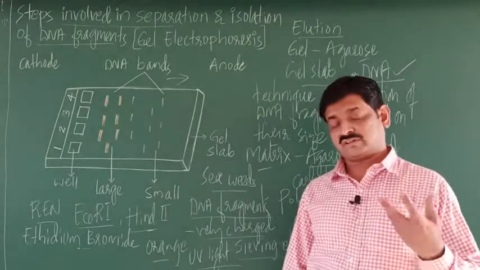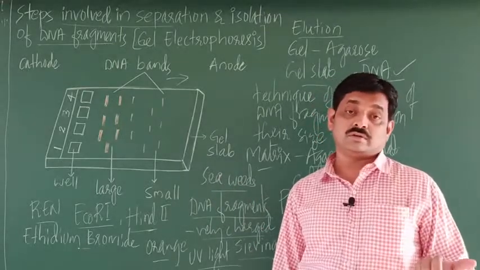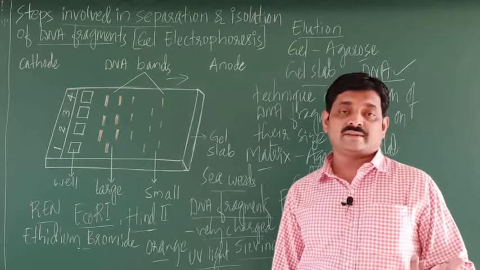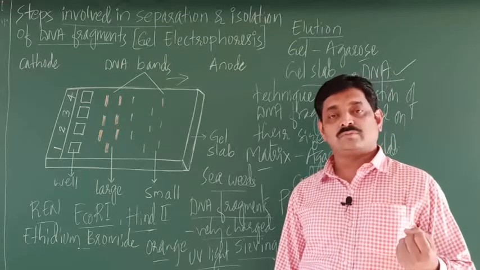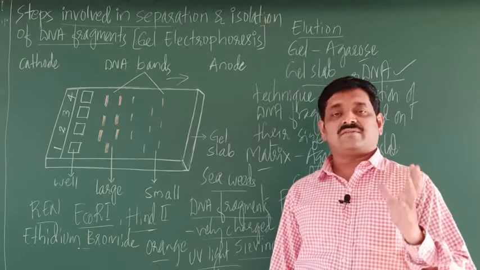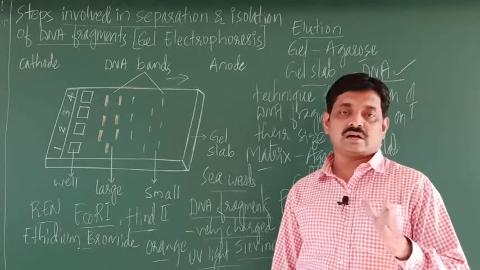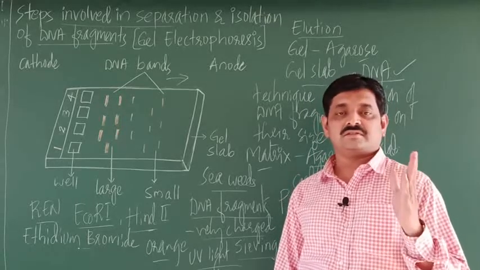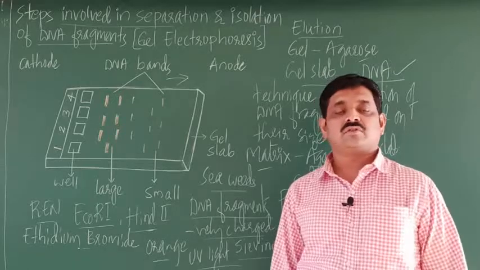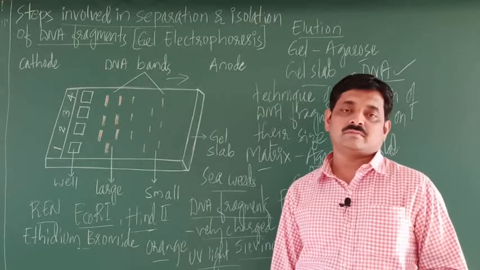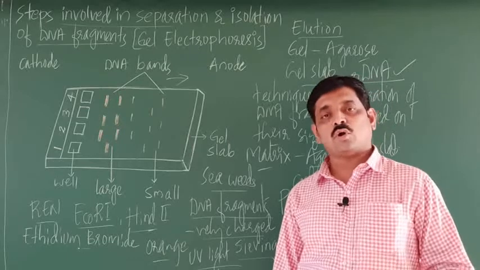Then you may expect a question, what is elution? So what you have to write? Elution means DNA fragments are cut out and extracted from the agarose gel slab by a process called elution.